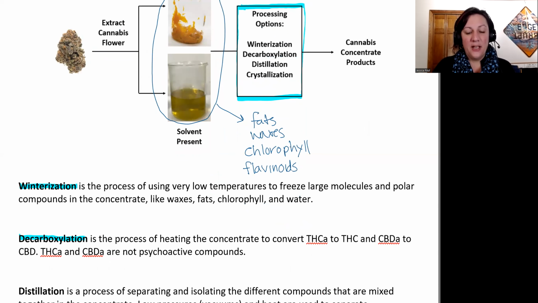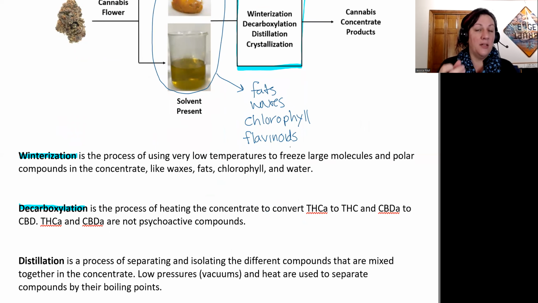Decarboxylation is a process where we heat either the concentrate, or you can do this with just the actual flower too, at really low temperatures. And when you do this, you actually convert the carboxylic acid version of THC or CBD or CBG or CBN from the carboxylate to just the uncarboxylated compound.